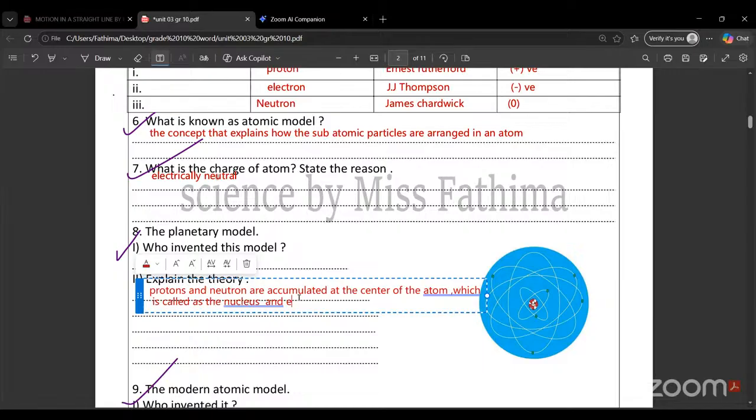And electrons revolve around the nucleus. Right? This is the theory.